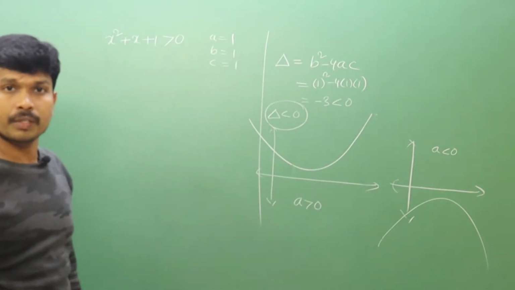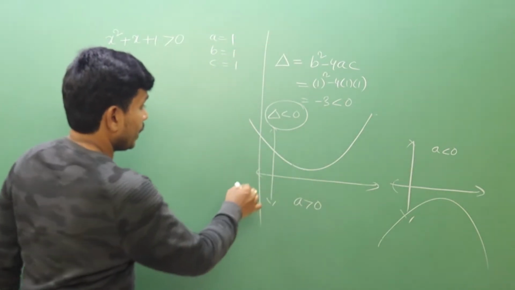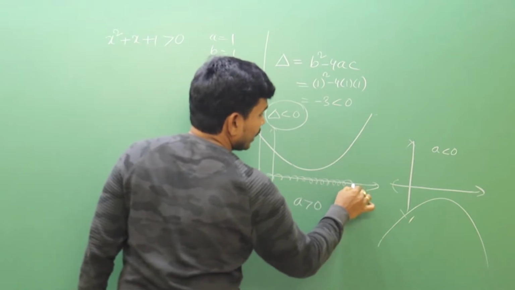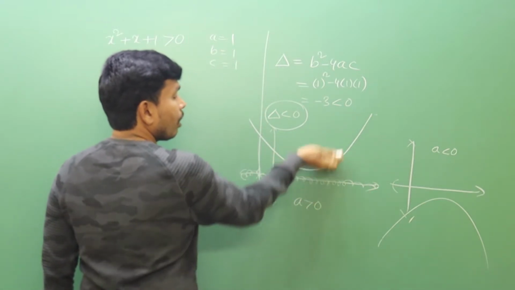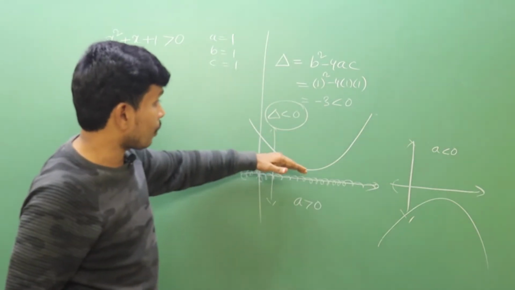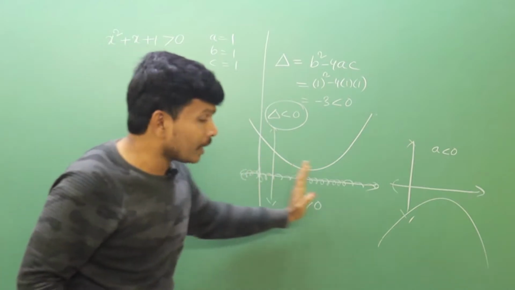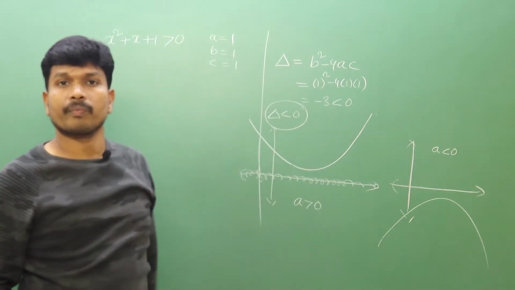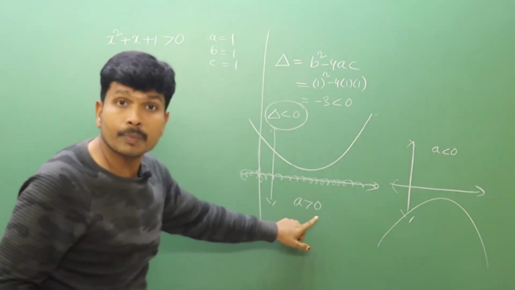Observe both graphs. This graph is entirely above the x-axis, meaning for any real number x you take, the corresponding expression value is always positive, because a is positive.